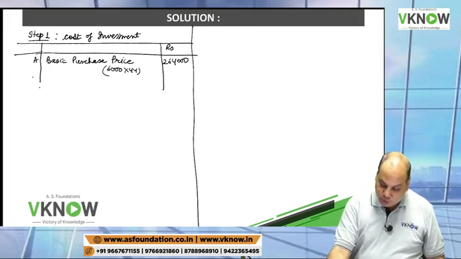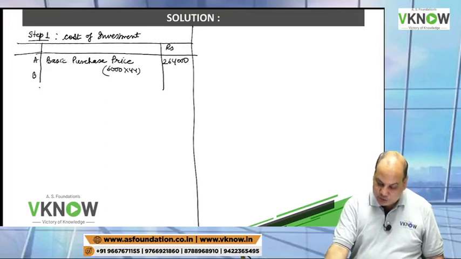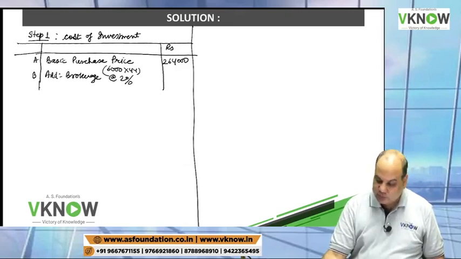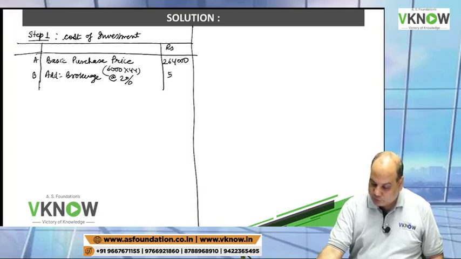But there is a brokerage also. Question should be in front of you. On 10 July, brokerage is 2%. Brokerage will be added to the cost of investment. Add brokerage at 2%. So that will come to 5280.